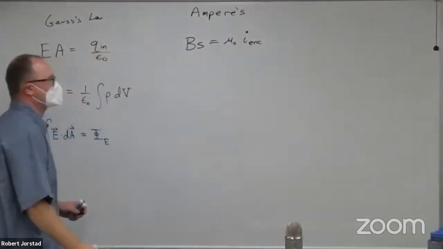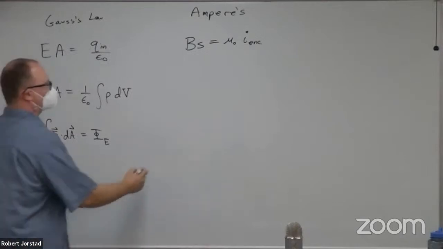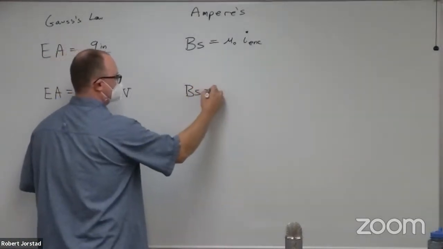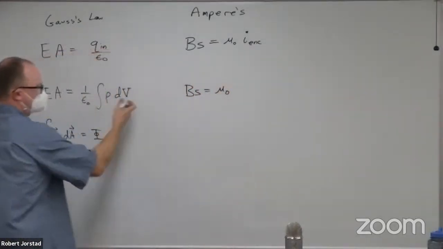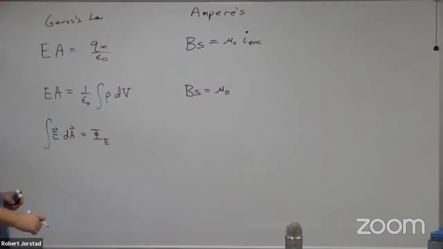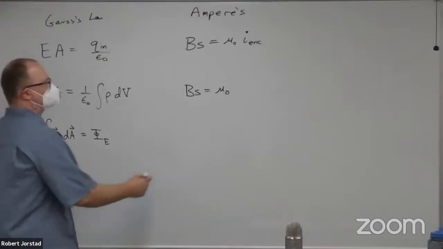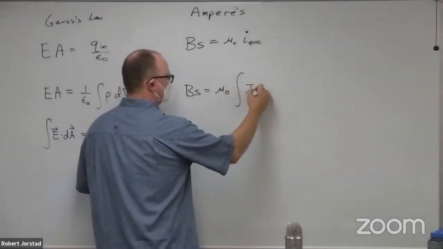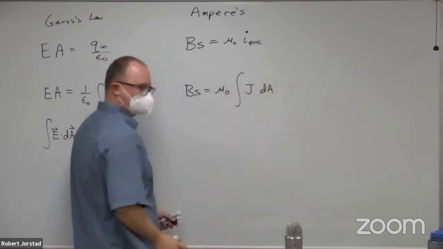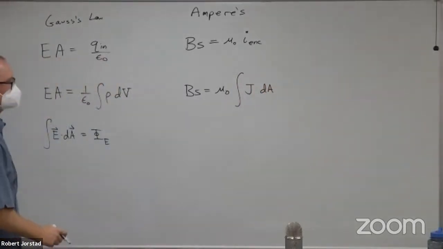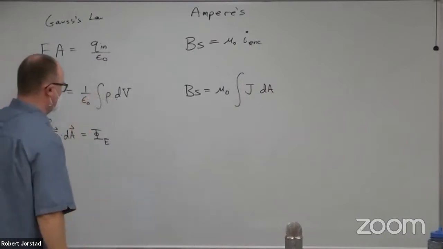And so the equivalent here would be B dS equals mu naught times the integral way to determine current. You remember that from chapter 26? J dA. Remember that? So we're going to finally start using that current density, right?